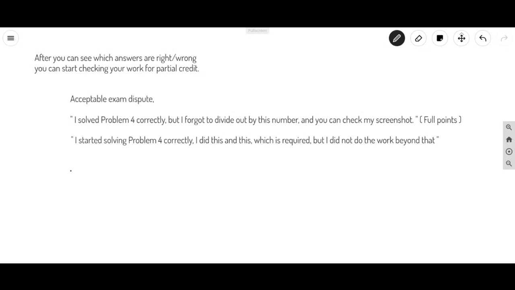Now this is what I would call a confusing exam dispute, something like, can you check all of my work? In my experience, usually when people say something like that, it's because they did not get the problem correct and they're not able to find any kind of partial credit, and then they want to see if there's a way for them to get extra points.